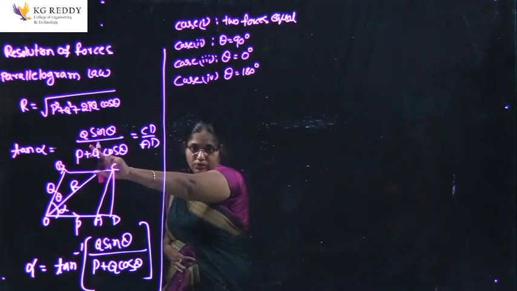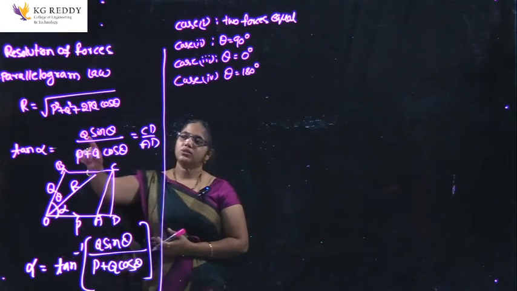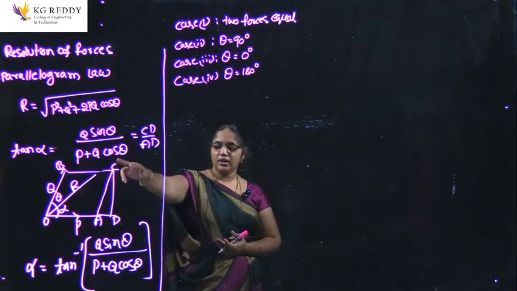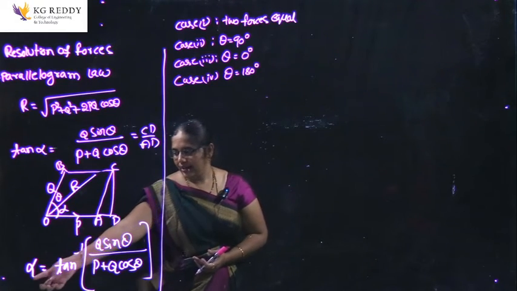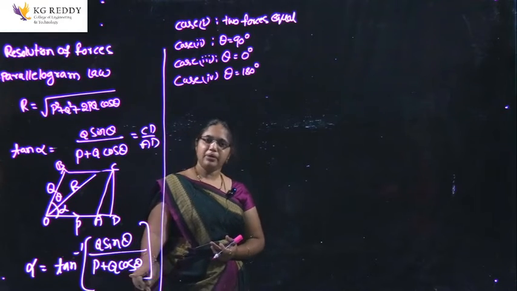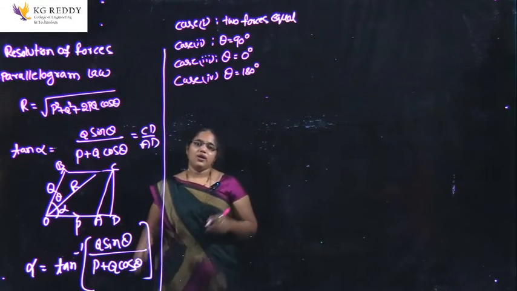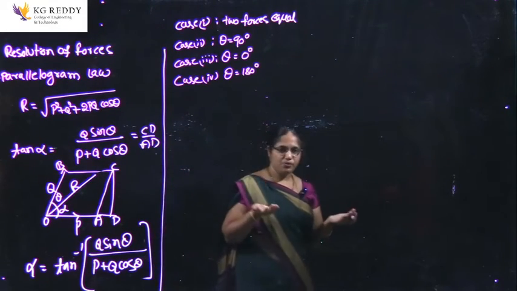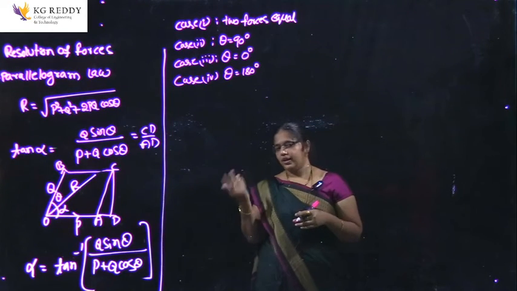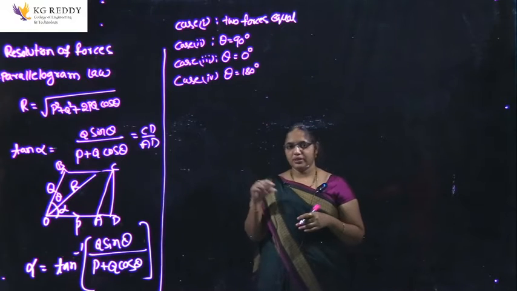What we learned in part 1 is Q sin theta divided by P plus Q cos theta, right. Therefore, alpha equals tan inverse of Q sin theta divided by P plus Q cos theta. So now we derived the resultant whenever two forces are acting with different magnitudes and directions.